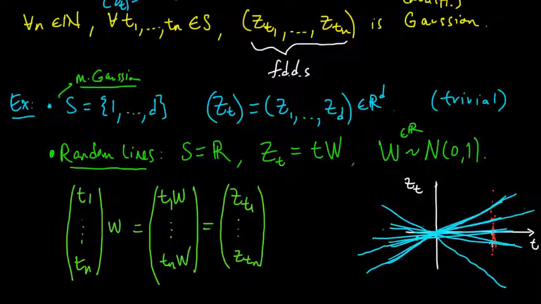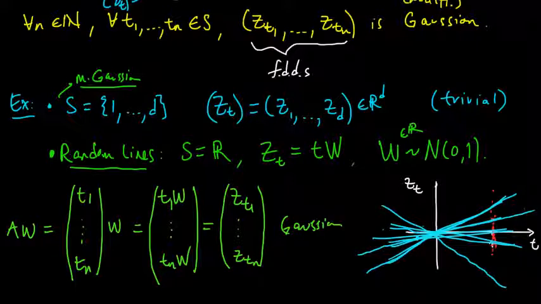And so we multiply by a matrix, and we know by the affine property that that is also multivariate normal. So this is our A matrix here. And therefore, this is multivariate Gaussian. That holds, of course, for any t1 through tn. So this is indeed a Gaussian process.